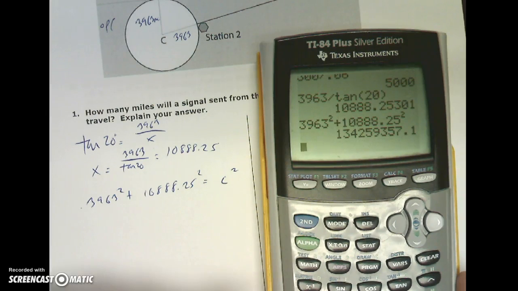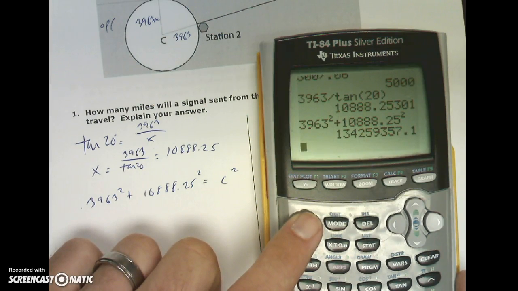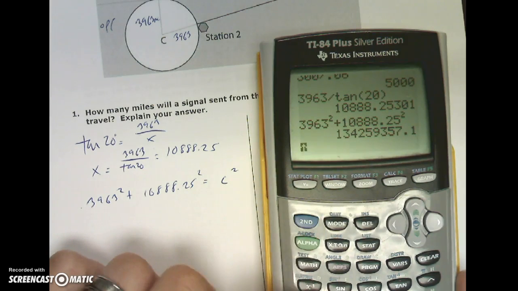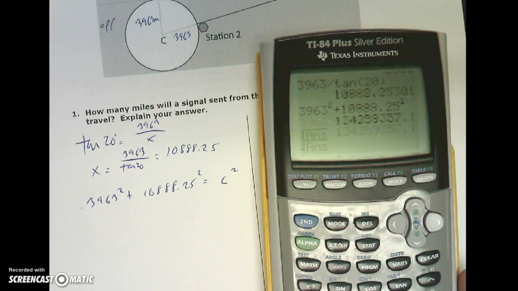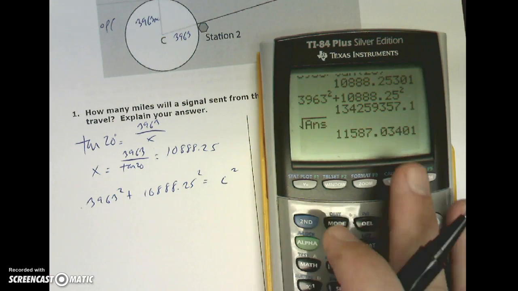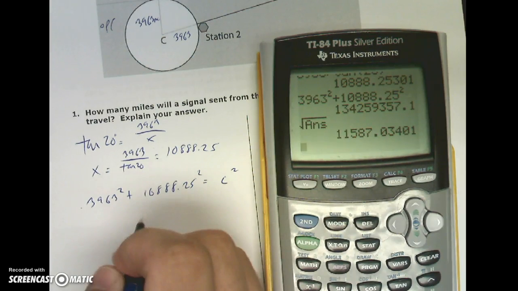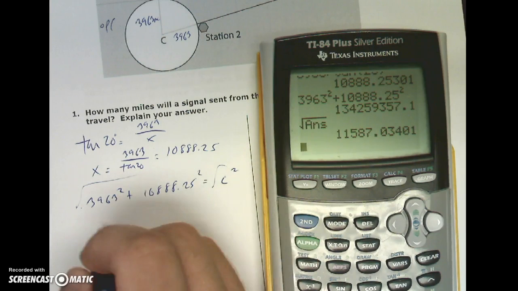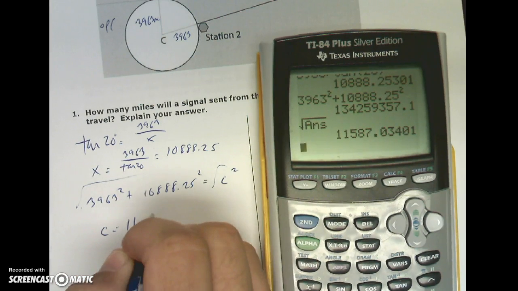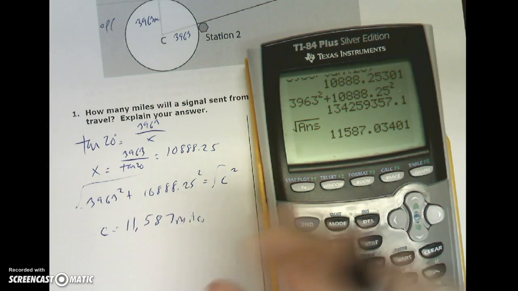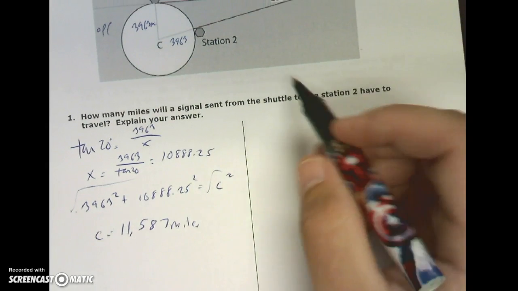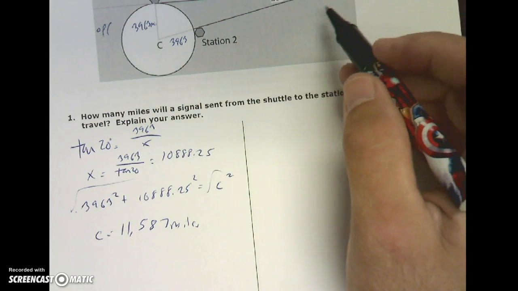I get this huge, large answer. I'm going to square root it. Second square root, second answer. 11,587 miles. Okay? Now, that's the entire length, but what am I missing?